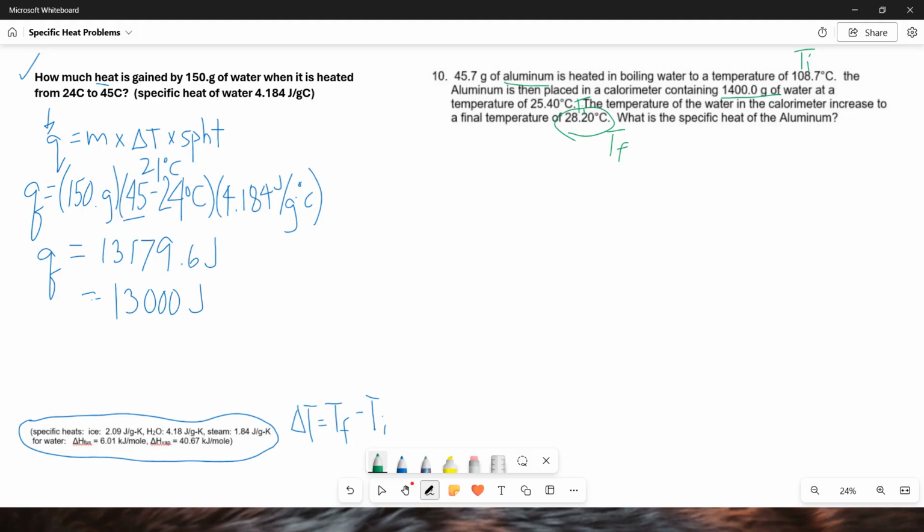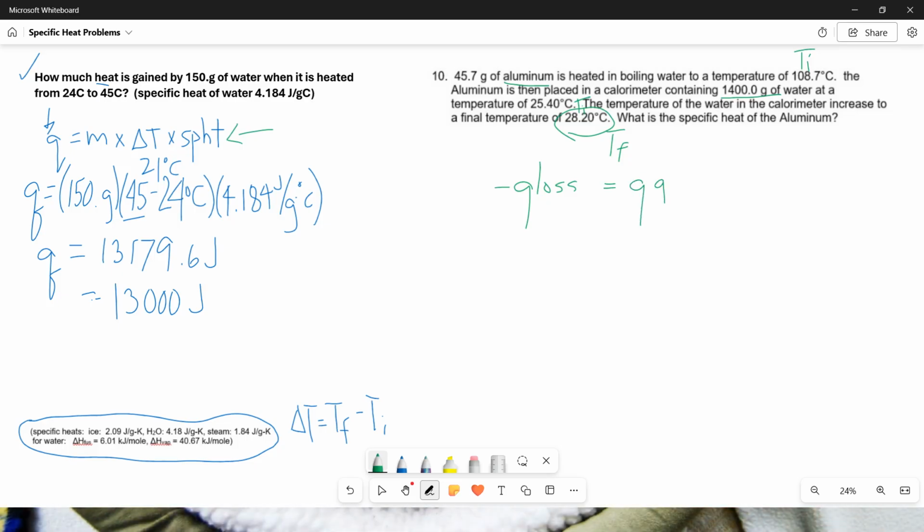Now, what we're going to do is take the concept of this equation and use it, because one substance is losing heat, one is gaining. The one that's losing, Q lost, is always going to have a negative in front of it because the change in temperature is going to be negative. It equals a positive Q gained.